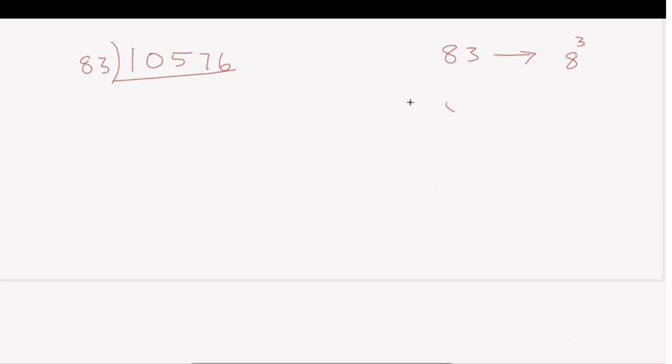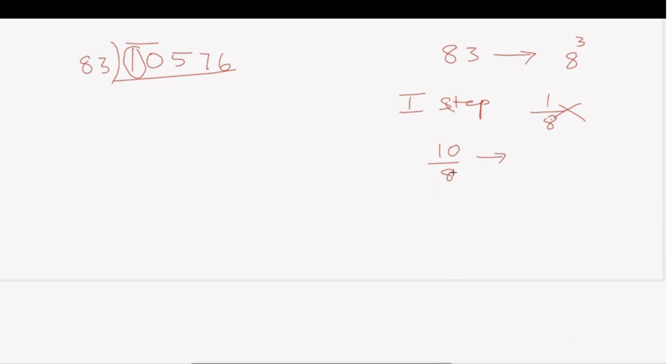divisor and multiple. In the first step, take the first digit 1 of the dividend and divide by the base 8 of the exponential form. It is not possible to divide. Now, take the first two digits 1 and 0, that is 10, and divide by 8.